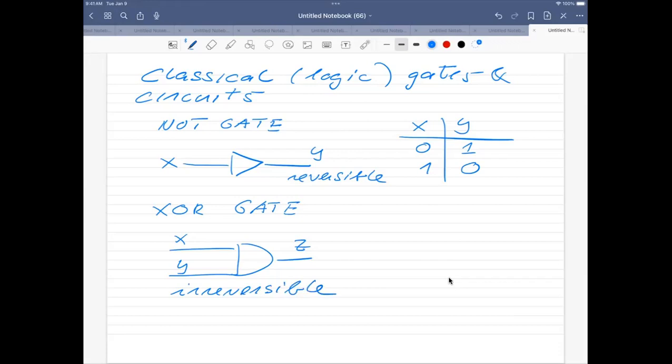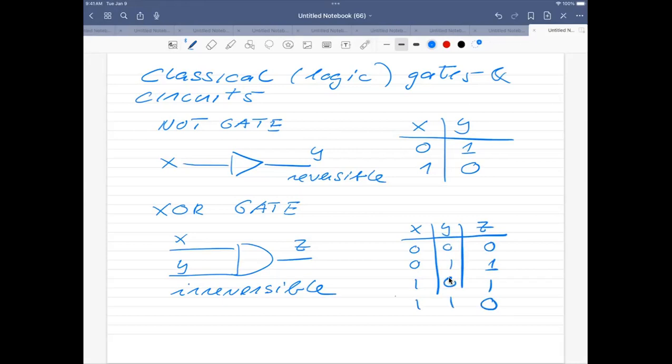And the reason for that, if you now set up the truth table, is that you have an X, Y, and Z, and the XOR gate is set up so we have 0, 0, and that gives us 0. If I have 0, 1, it gives me 1. If I have 1, 0, it gives me 1. And if I have 1, 1, it gives me 0.